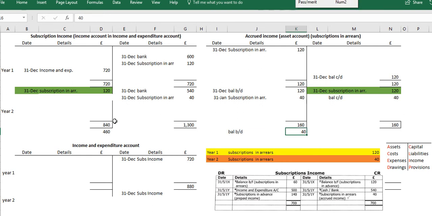But what we have left to do within year 2 in our income is the fact that we need to empty out this account and transfer to the income and expenditure account in year 2. So at the moment we have a difference of £460.